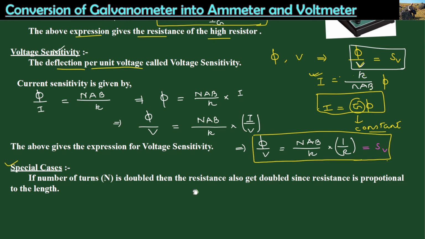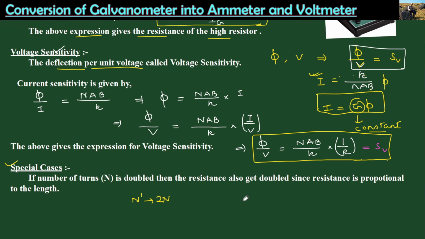Now what happens? Then the resistance also will get double. So if capital N is the original number of turns in that given device, a voltmeter, and it is doubled, that means it is 2 times N. This will be the new number of turns, which I will write as N dash.